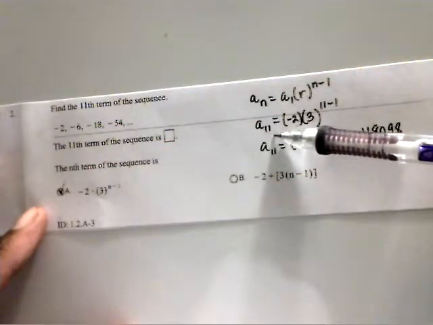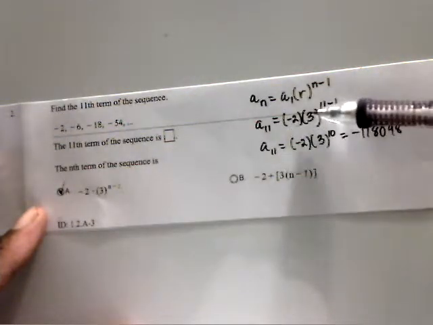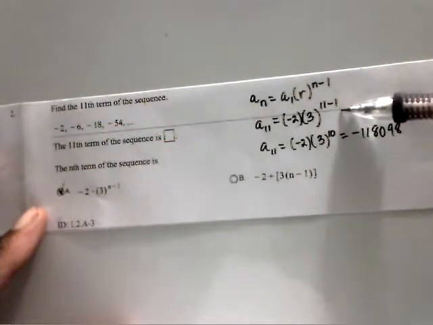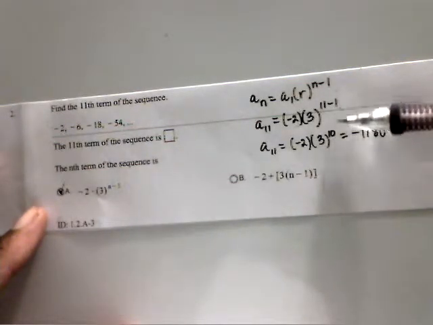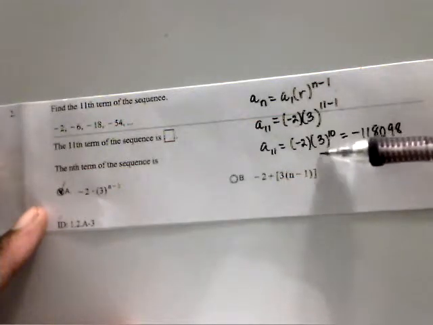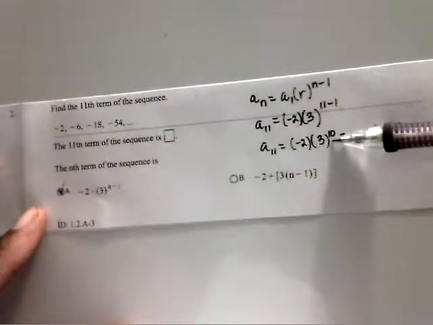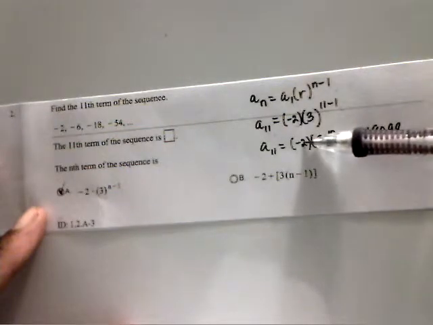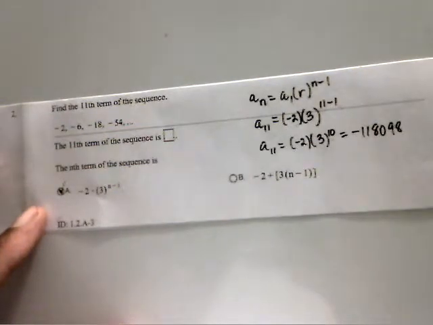So it'll be a sub 11. That's equal to -2 times 3 to the n, which is 11, minus 1. 11 minus 1 is 10, so it'll be -2 times 3 to the 10th power. We first do 3 to the 10th power and then multiply by -2, which will give you -118,098.